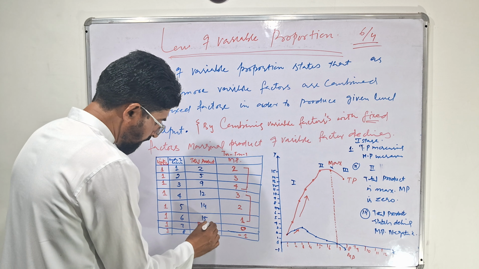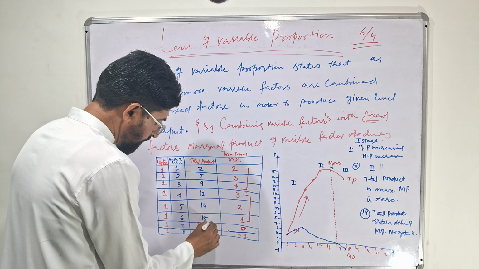When total product starts declining, 15, 14, below, marginal product becomes negative, minus 1.